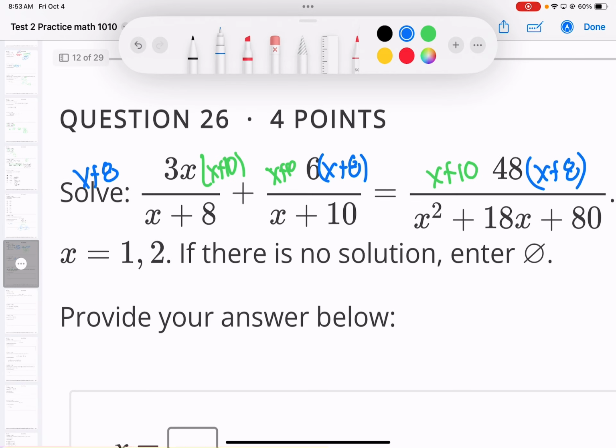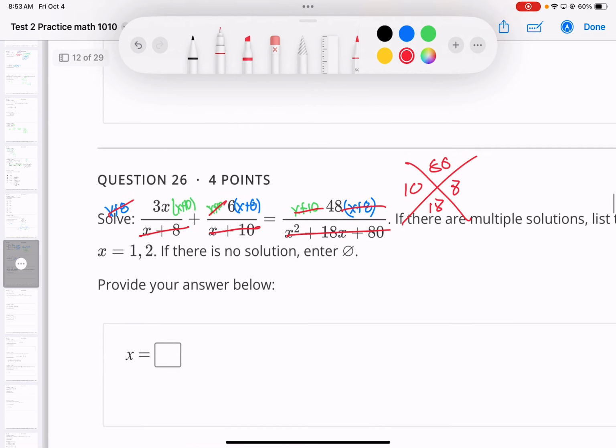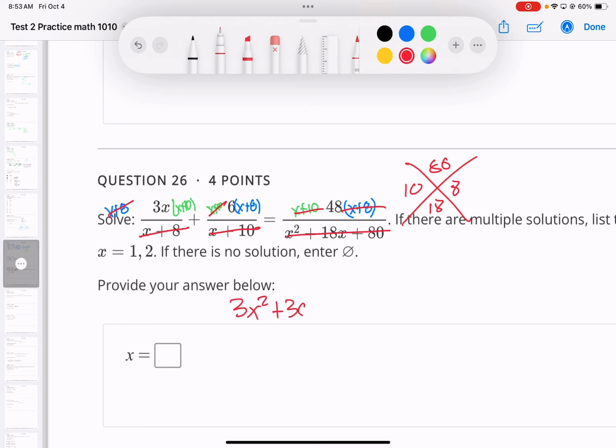So what that does is these go away, and all these go away, right? So that's going to leave me with 3x squared plus 30x plus 6x plus 48 equals 48.